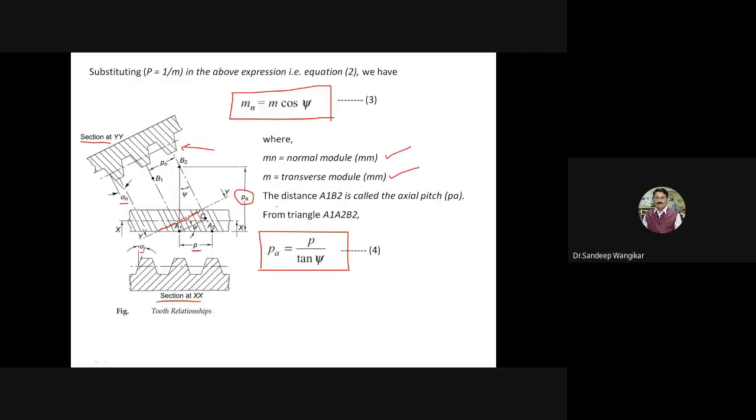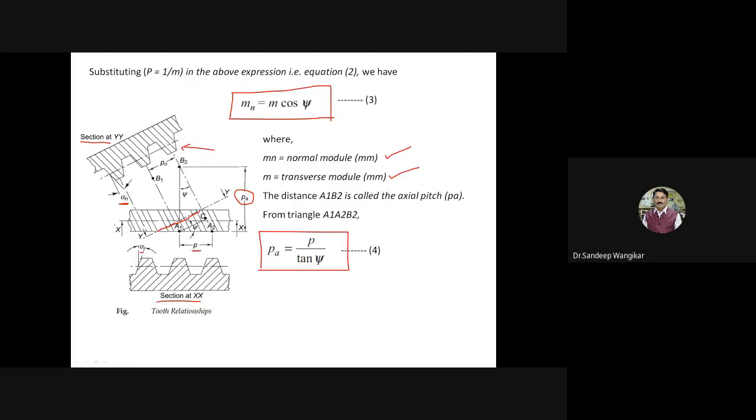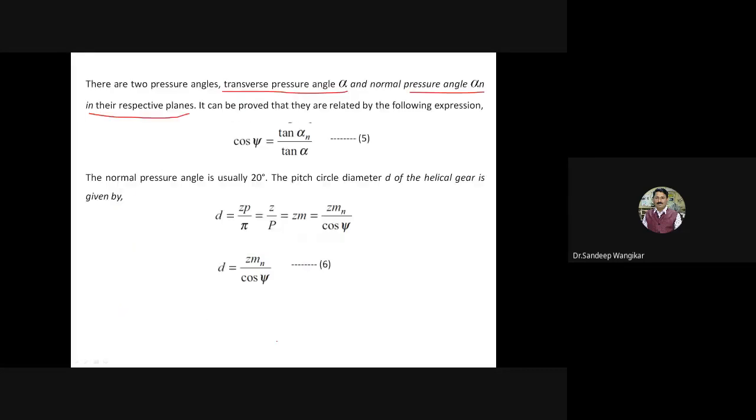I have given you the idea that there are two angles, alpha n and alpha. Alpha is the transverse pressure angle measured in the circular plane, and the normal pressure angle alpha n is measured in the plane perpendicular to the tooth element, section YY.